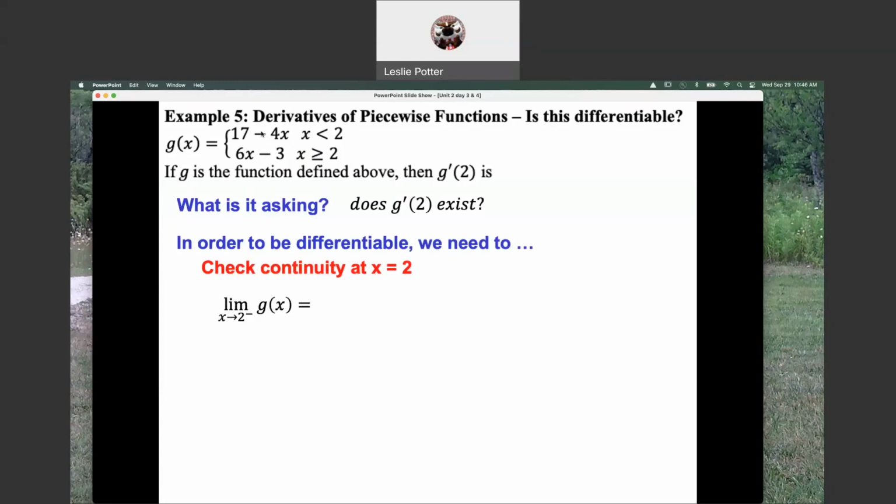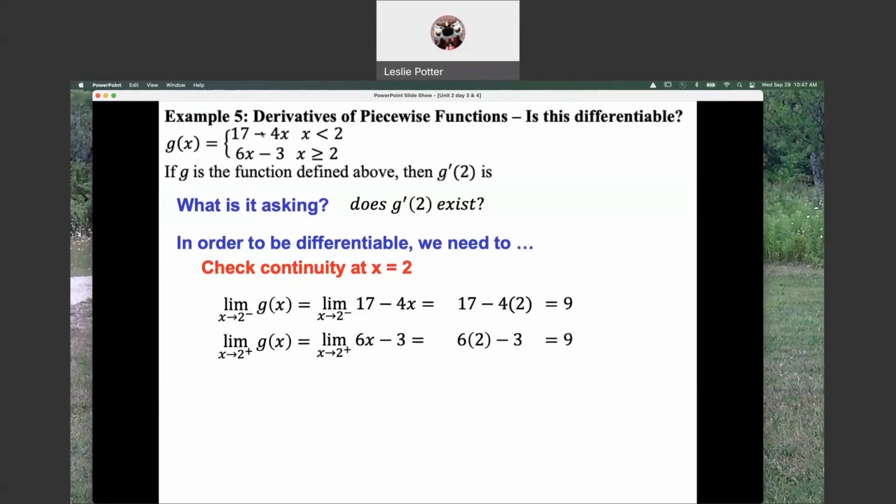So here's the really fancy way of saying it. I'm going to take the limit as we approach 2 from the small values, which means my top expression, and that equals 9. 17 minus 8 is 9. I'm going to throw 2 in from the larger side, which means using the bottom expression. That's 12 minus 3, which is 9.